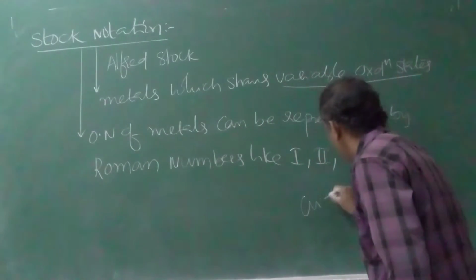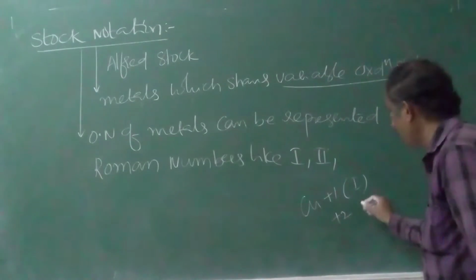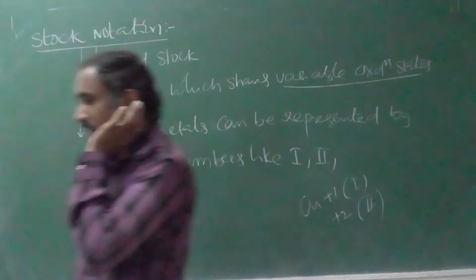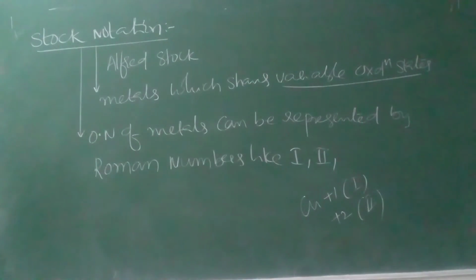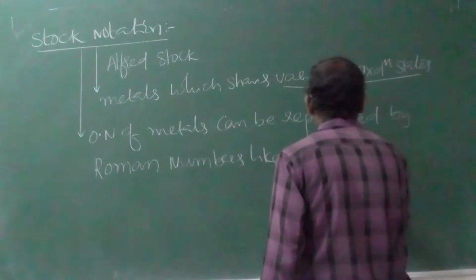Previously we wrote copper +1, +2. Now +1 is written as Roman number I, +2 as Roman number II. Only that is the difference. So in Stock notation we use Roman numbers for the oxidation states.